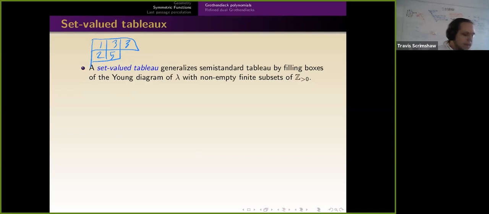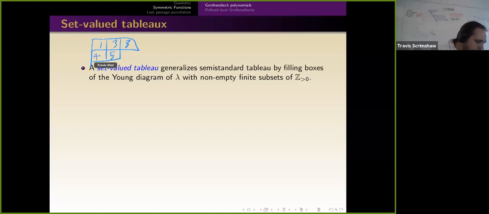And what we want at the K-theory level is, instead of integers, to replace it by finite but non-empty subsets of positive integers.